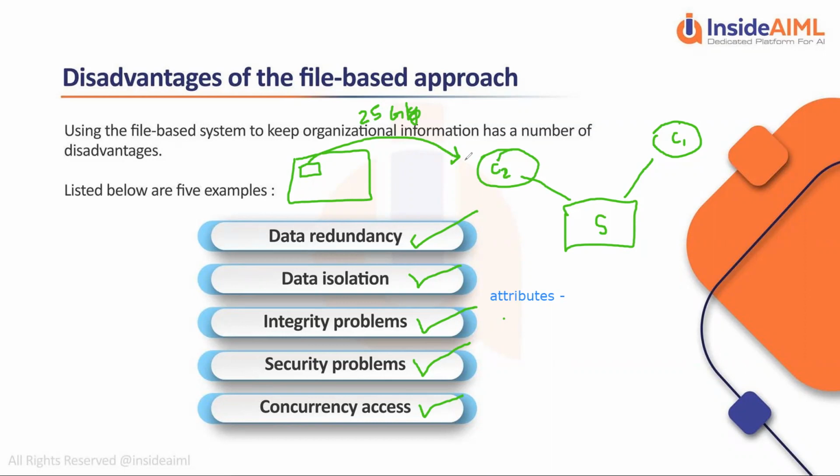Also, in a file-based system, if you have created multiple folders or files over time, the data used to get redundant. Okay, there was data redundancy. Why was there data redundancy? Because two files can store the same thing. I can store the same information in these two files, right?